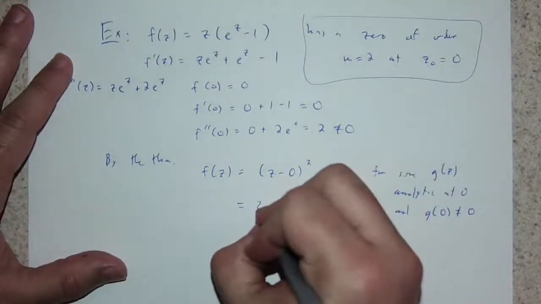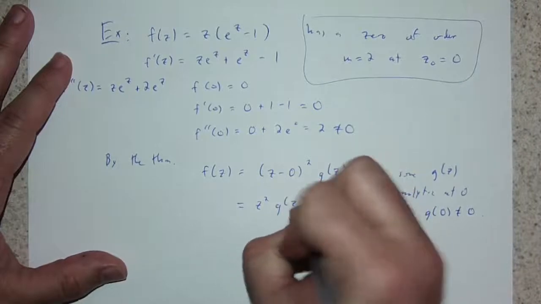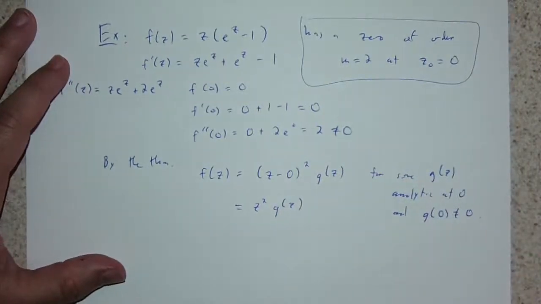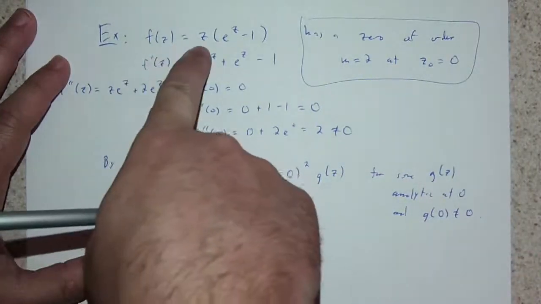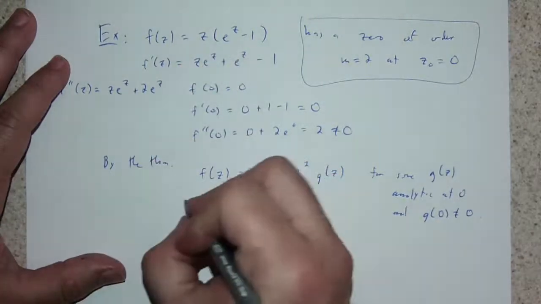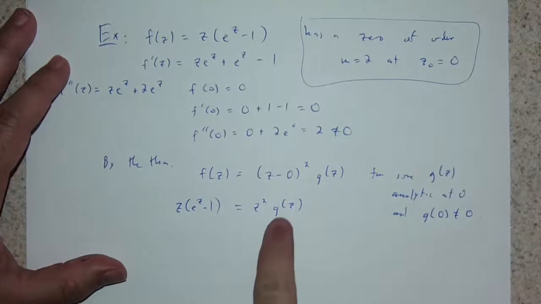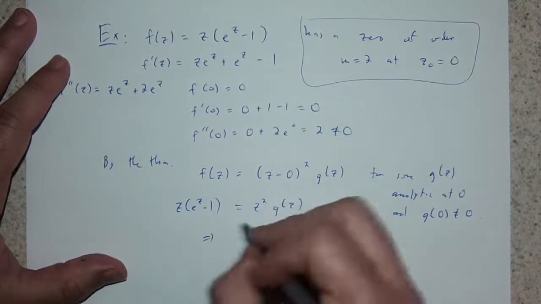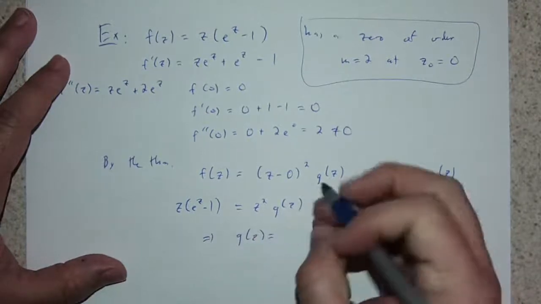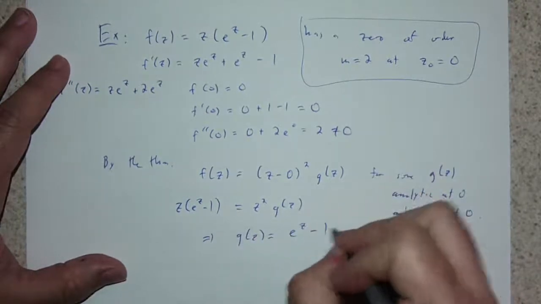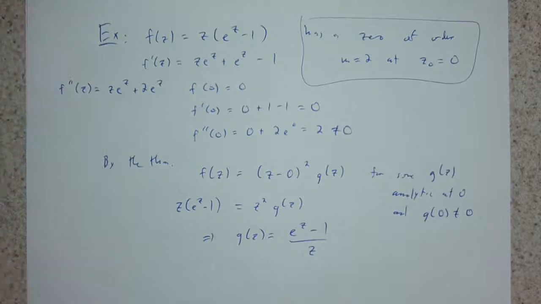And this is z squared times g of z. f is z e to the z minus 1. So what is the g of z in question? So g of z is e to the z minus 1 over z.